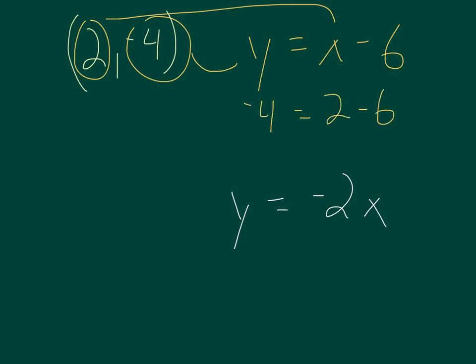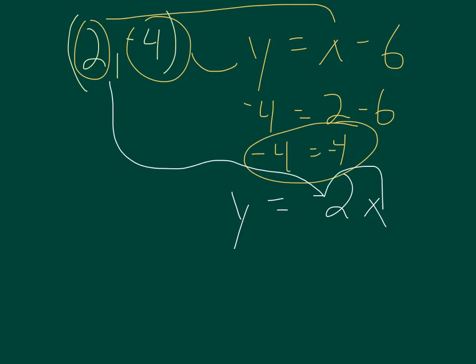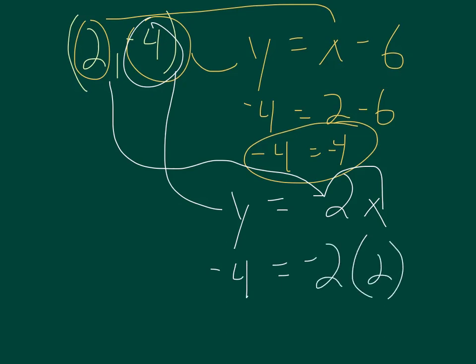I hope you can tell me that 2 minus 6 is not like 18 or 24, but actually negative 4, which is true. All right, let's try it one more time. Plug in my x value and plug in my y value. I got negative 4 equals negative 2 times 2. Negative 2 times 2 is negative 4. So look at that. It works.